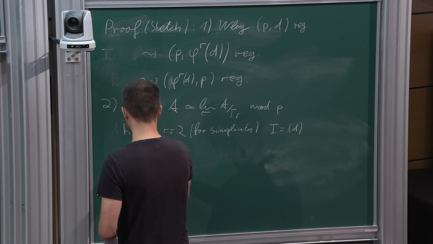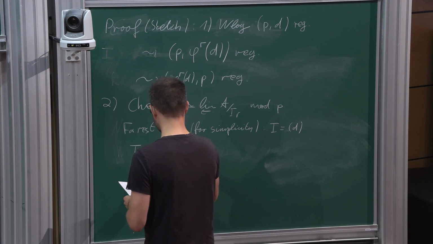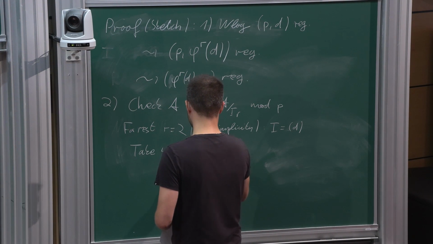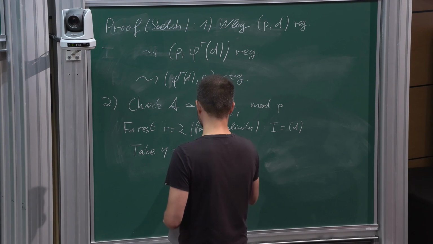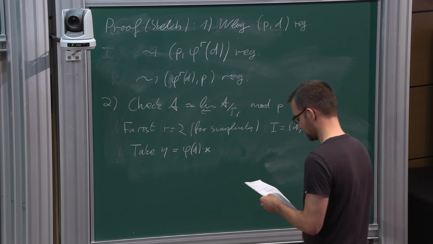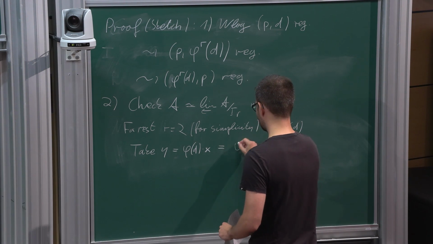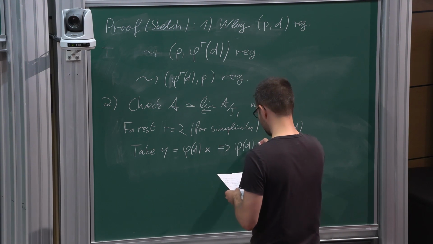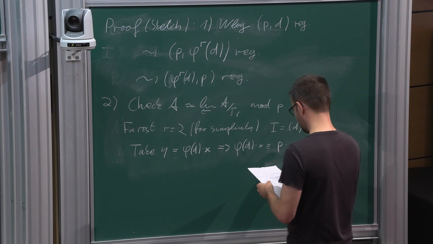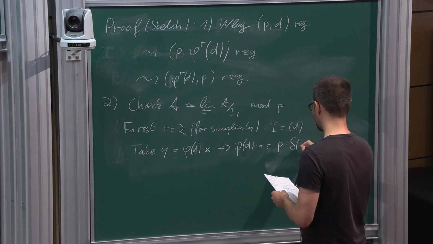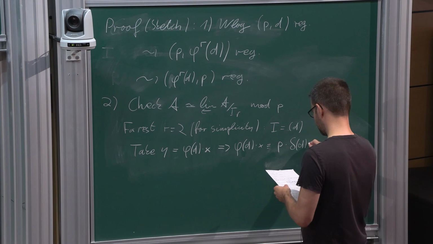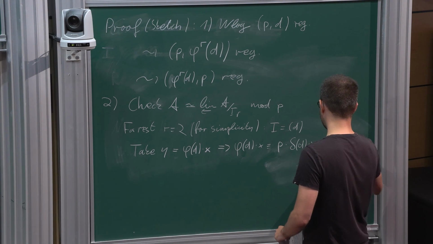And so now let me take some y which is of the form phi of d times x. And then of course phi of d times x is congruent to p times delta of d times x modulo I.